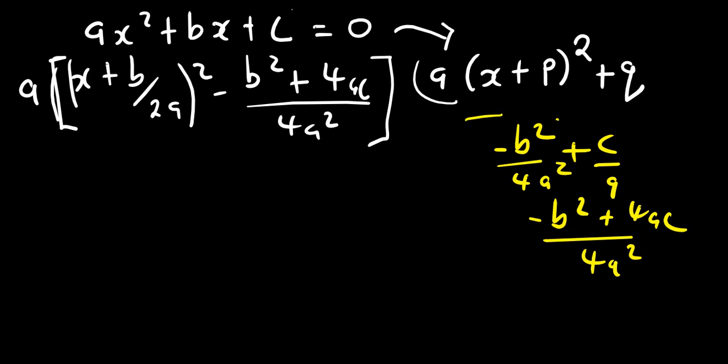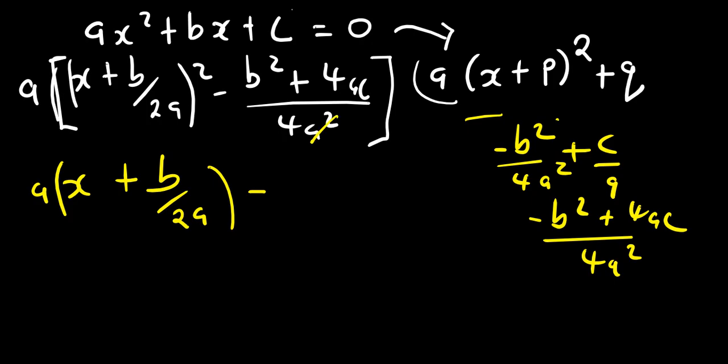So you realize that when you distribute the a, you have a times x plus b over 2a, minus, now there's a squared here, so it will cancel with one of the a's.